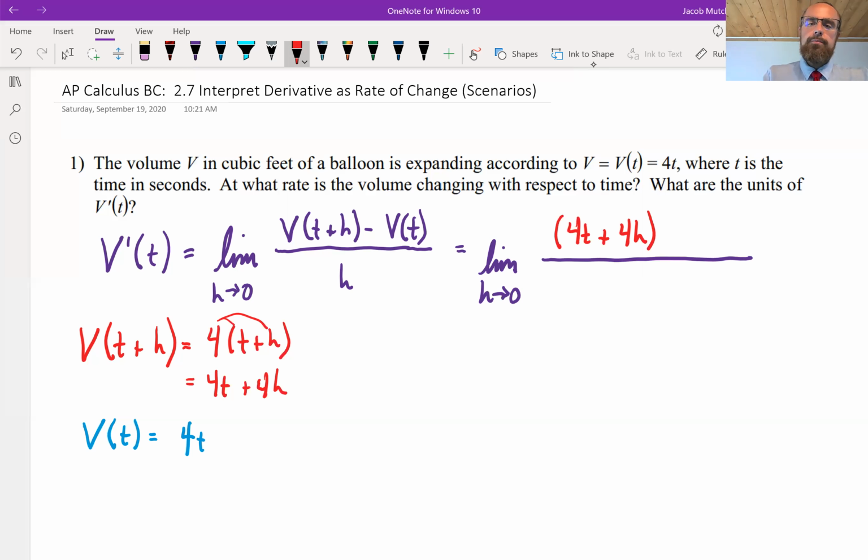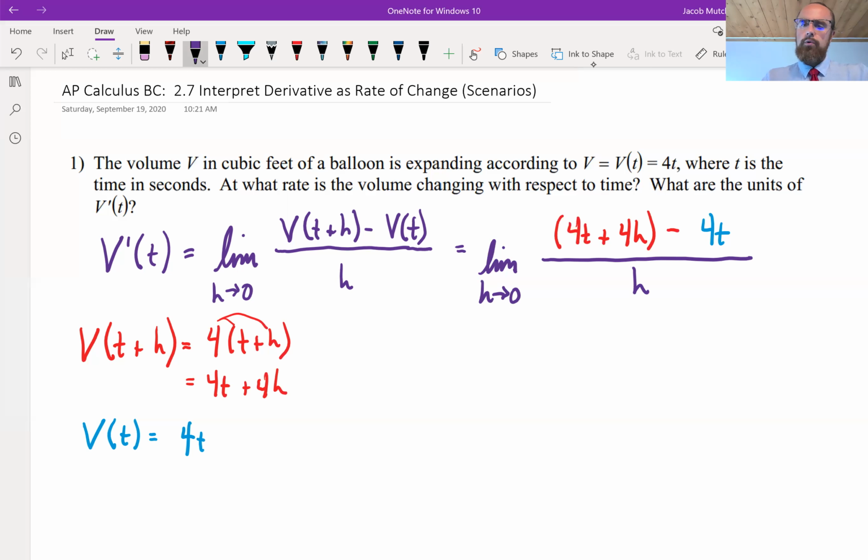We subtract V of t, the original, which is simply 4t, and that's all divided by h. So I took my original definition and substituted in V of t plus h and V of t according to my specific function. Now I want to simplify that setup.